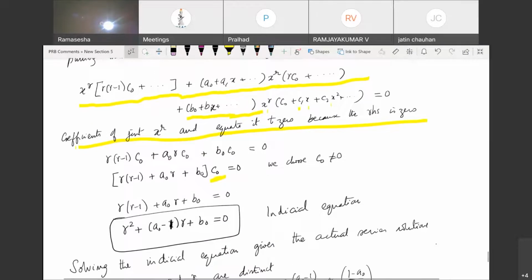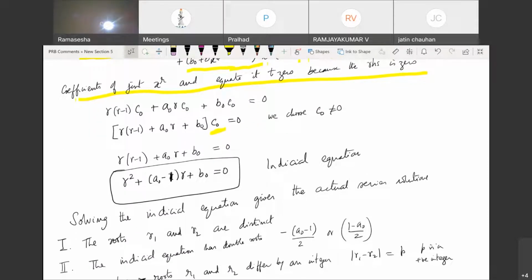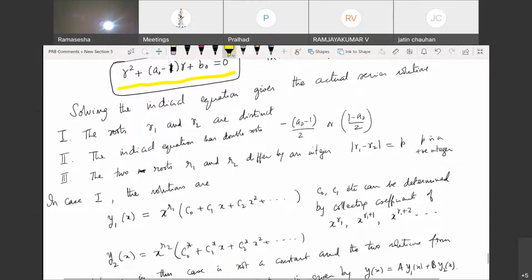So the minimum power of the series is x to the power r, so we can choose c0 not equal to 0. Then r(r minus 1) plus a0 r plus b0 must be 0. So this is actually a quadratic equation in r, and this is called the indicial equation. You can solve this quadratic equation in r and obtain the roots.